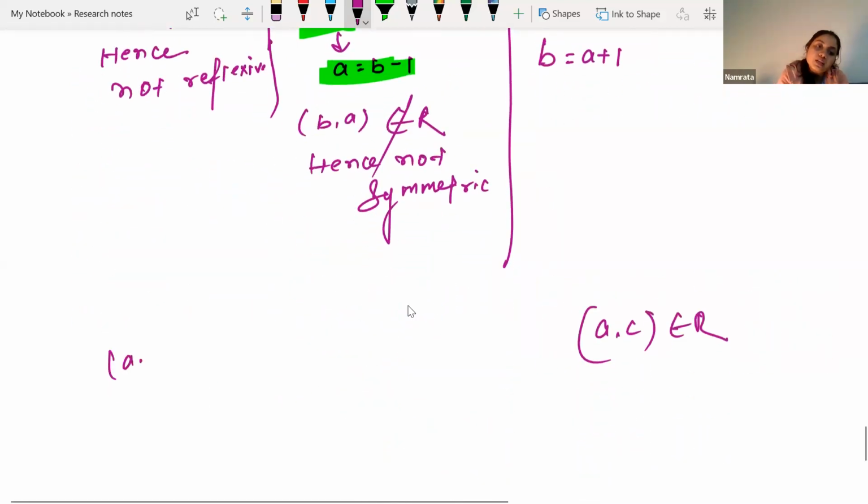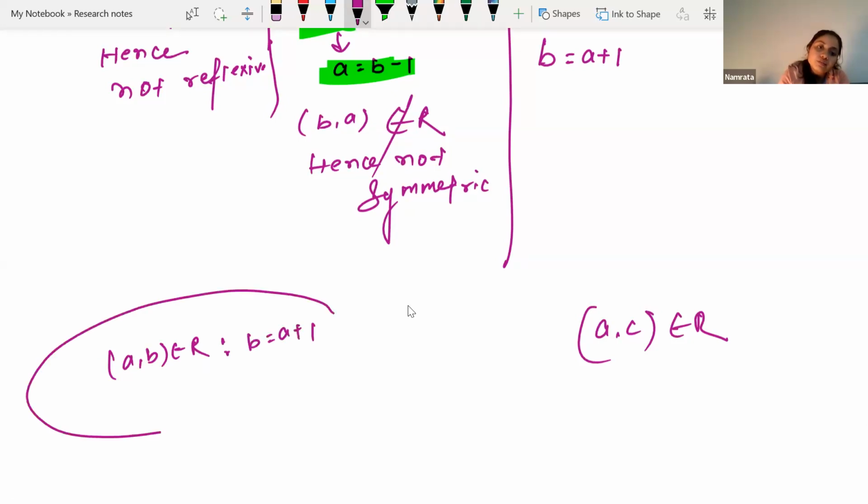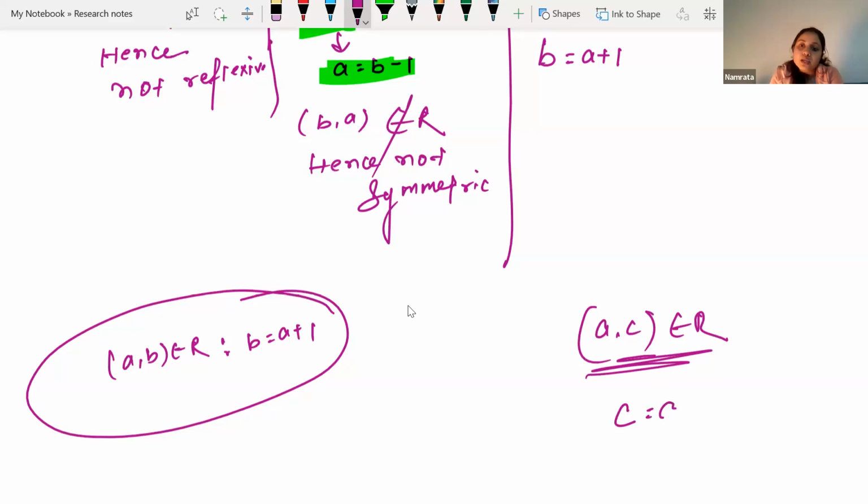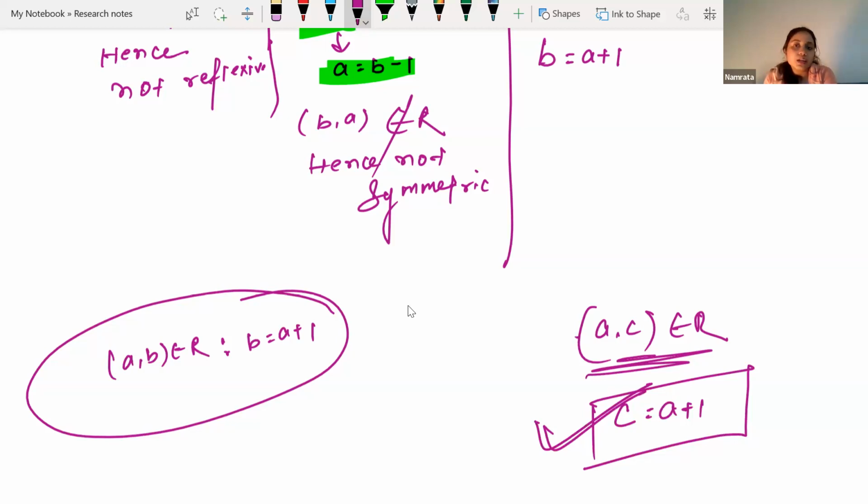The condition was, if (A, B) belongs to R, then B is equal to A plus 1. If we want to write it in terms of (A, C), we can write C is equal to A plus 1. This is what we want. If we get this one, then we can say (A, C) belongs to R. Right?